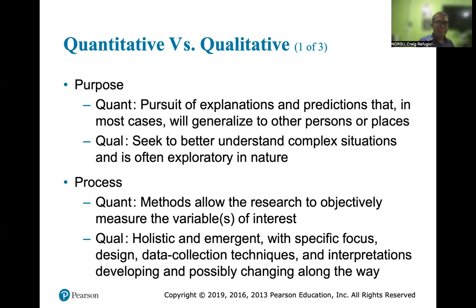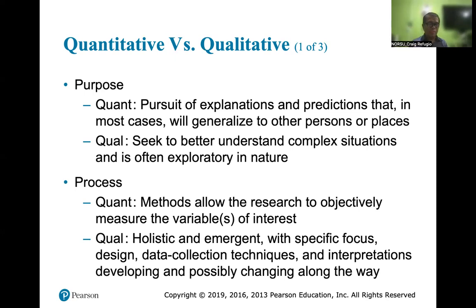For qualitative, it's holistic and emergent, with specific focus, design, data collection techniques and interpretations developing and possibly changing along the way. At the very start, we could not exactly identify the variables, but during the data collection, that would be the time that we see we have this kind of variable, then we have another variable.